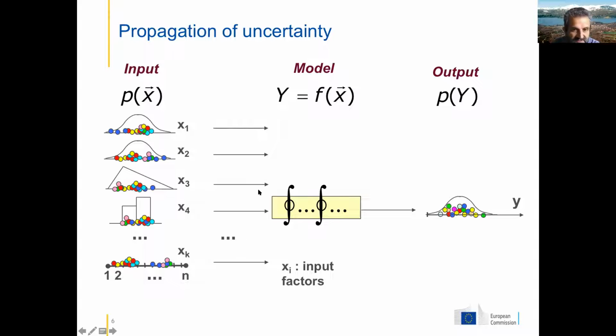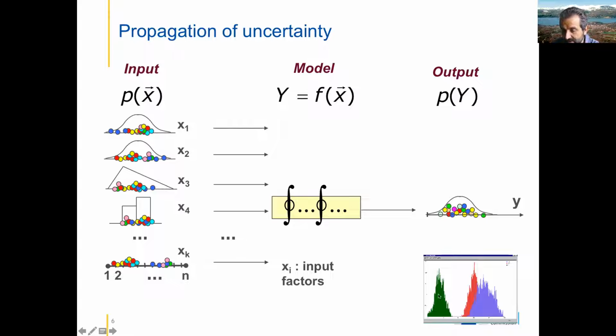So you do this kind of Monte Carlo propagation to get a Monte Carlo based empirical distribution of the outcomes, and that could be of course many different outputs of interest. So you might have for the same draws different distributions for the different outputs of your model.